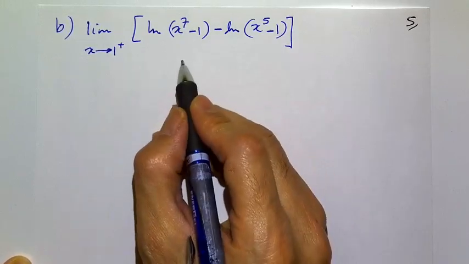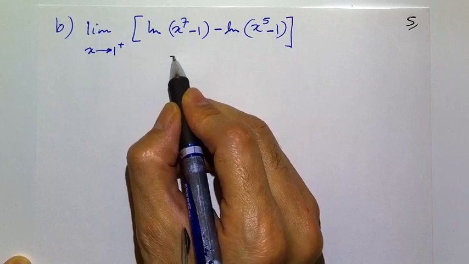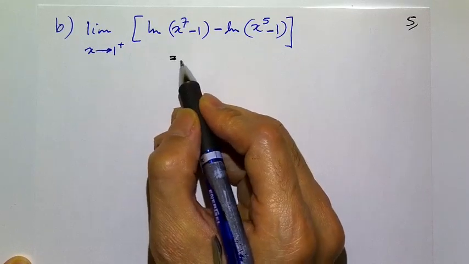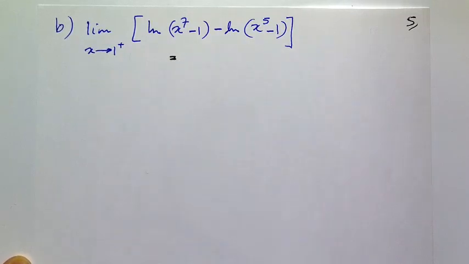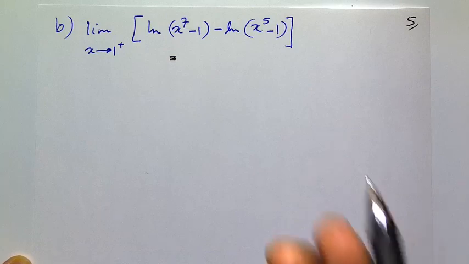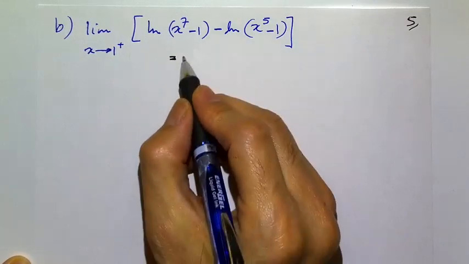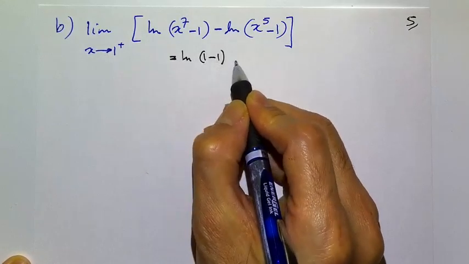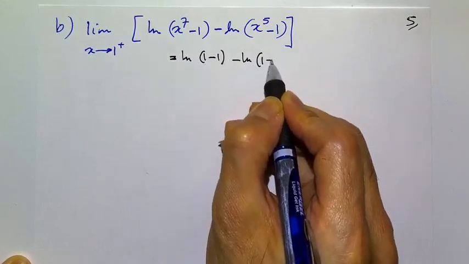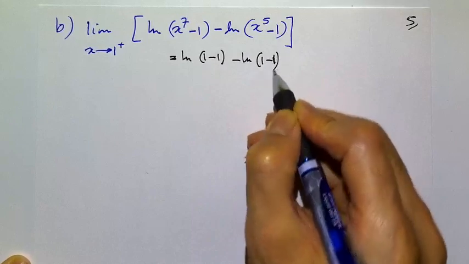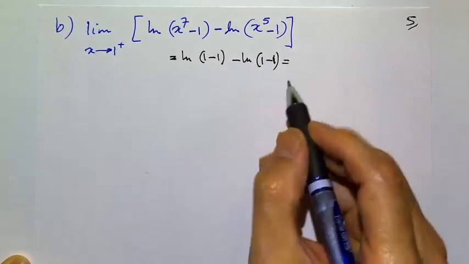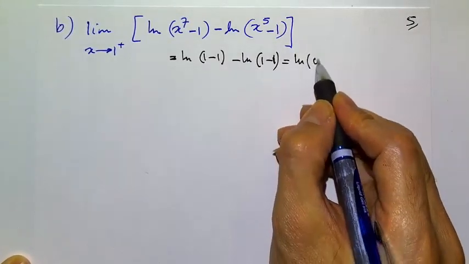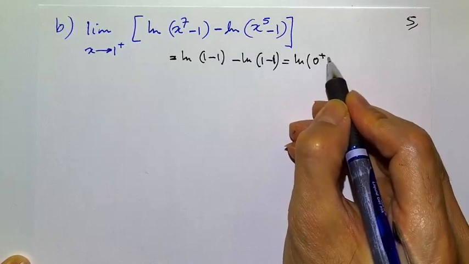So applying the limit first, we have to establish that we have a case that is a valid candidate for the L'Hopital rule. That's what we're doing. So we have natural log of 1 minus 1 minus natural log of 1 minus 1. And of course, this is natural log of 0 from the right-hand side, right?